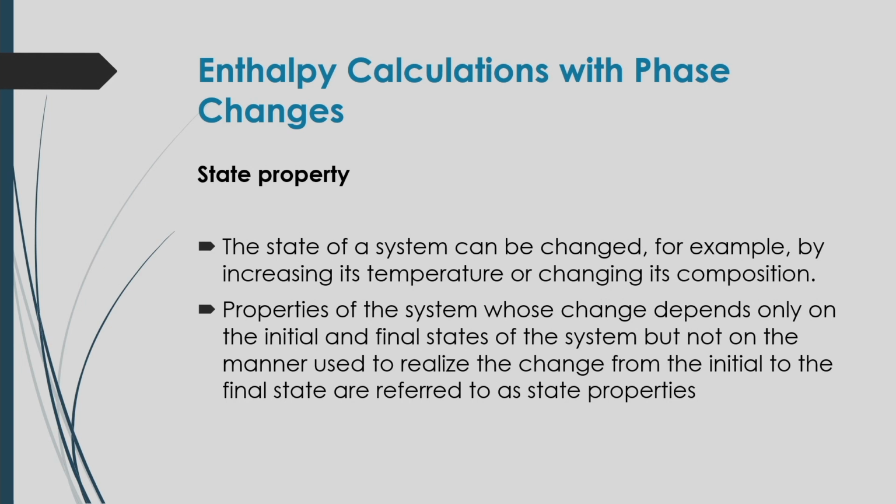In this case you have to remember that the state of a system can be changed, for example, by increasing its temperature or changing its composition. Properties of the system whose change depends only on the initial and final states of the system, but not on the manner used to realize the change from the initial to the final state, are referred to as state properties.